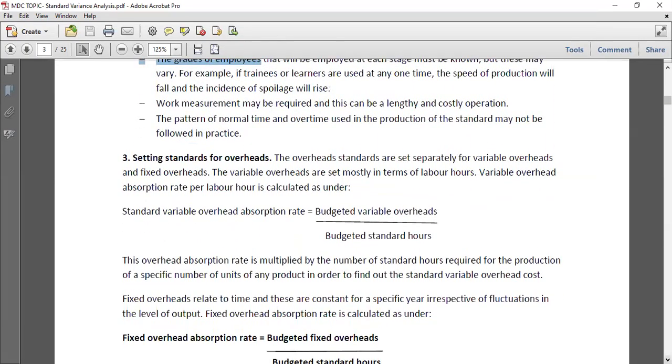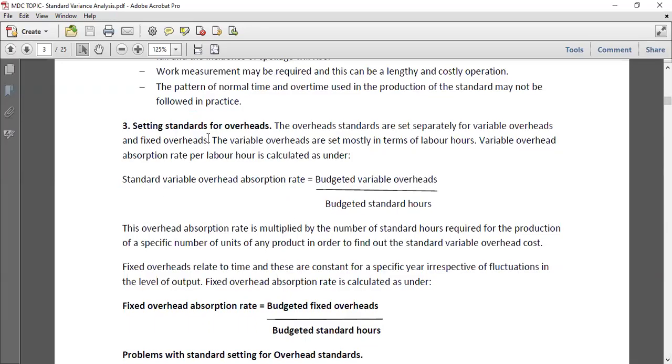The other one we also have is setting standards for overheads. Remember, when it comes to factors of production, it's not only materials and labor, but we also have the overheads as well.